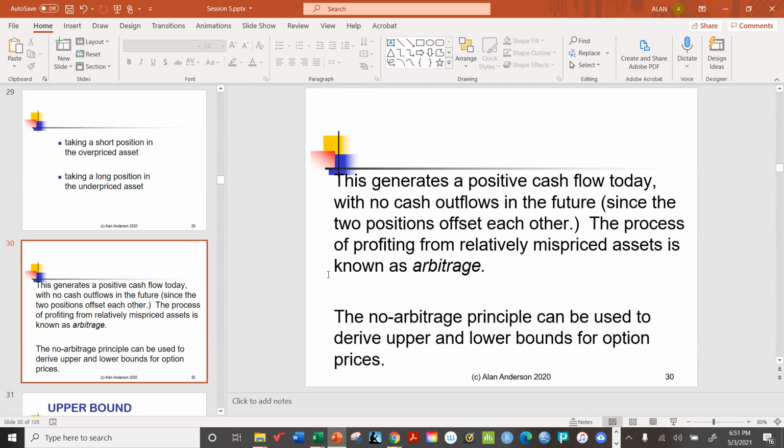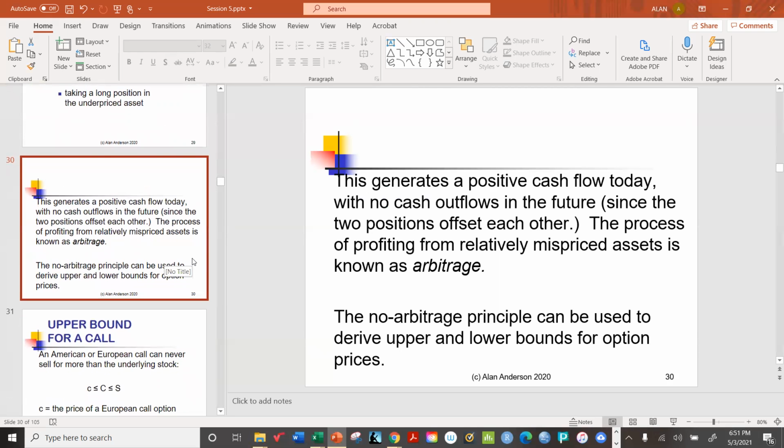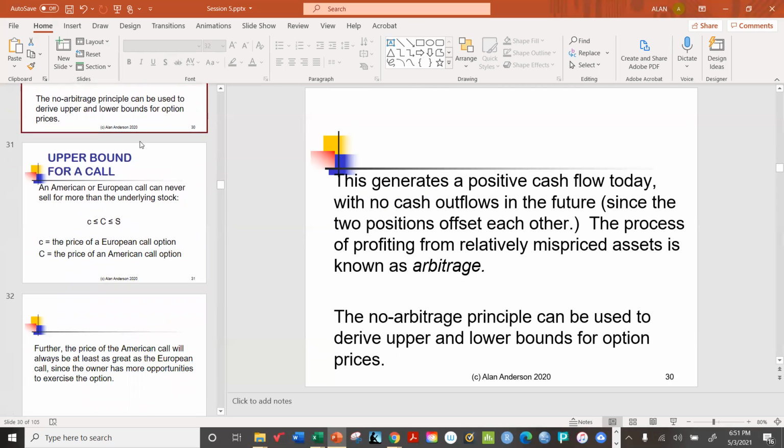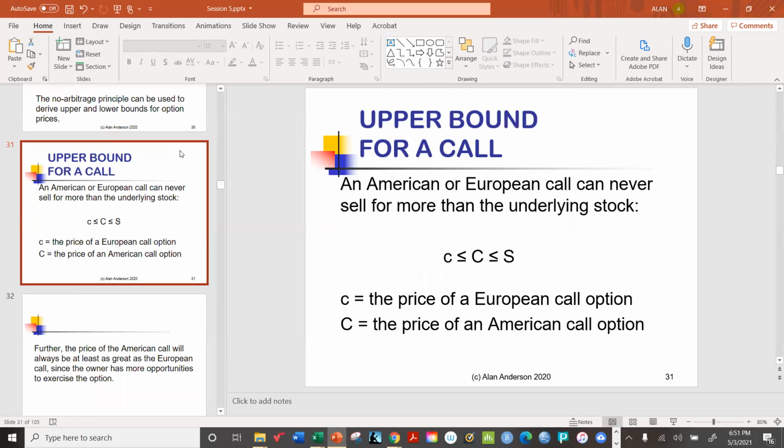And in fact, we can use this principle to derive upper and lower limits or bounds for option prices, within which our models obviously must be consistent. So for example, let's take a look at a call option. What is the highest price it could possibly sell for in the marketplace? All right. Now, by the way, in here, what we want to do is introduce the following notation.